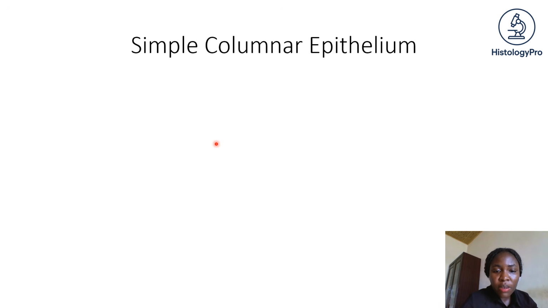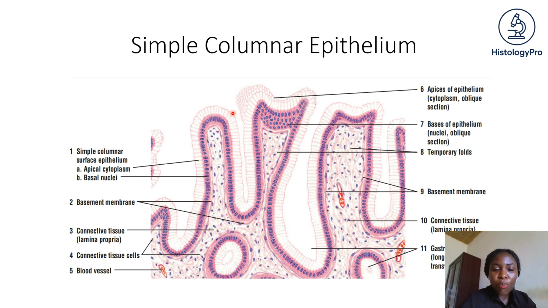The basement membrane separates the epithelial tissue from the connective tissue, or what we know as the lamina propria. They are all resting on the basement membrane, and this border is known as the apical surface, or what we call the free or luminal surface. The epithelial cells are all facing this apical surface.